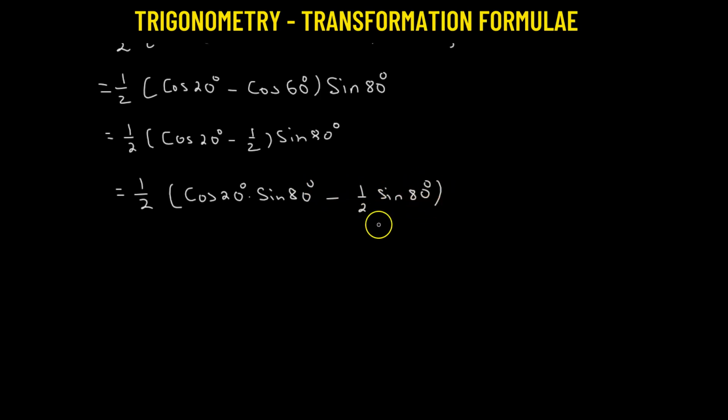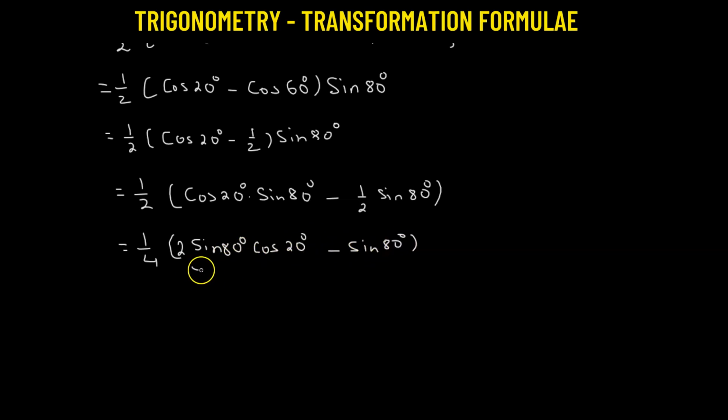Now we'll factor out half from both the terms, and this should give us 1/4 multiplied to, I'll write 2 times sine 80 degree first, so we have 2 times sine 80 degree times cosine 20 degree minus sine 80 degrees.